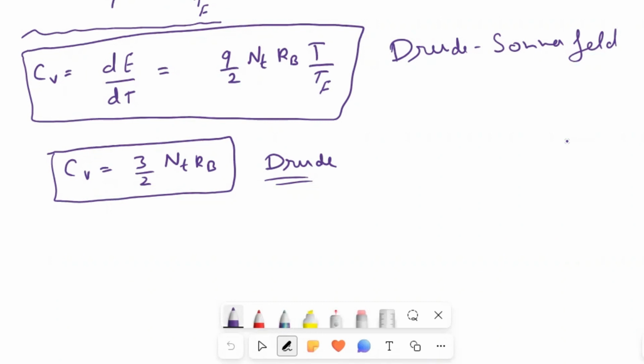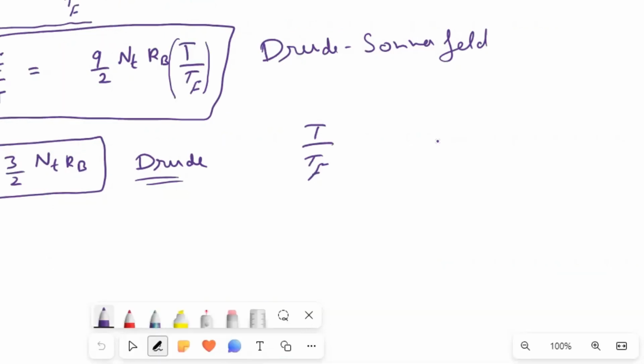Now, in the Drude-Sommerfeld model, there is a ratio between T and T_F, which takes care of this. This is the newly introduced term that comes in when we consider the electron as a quantum mechanical particle.